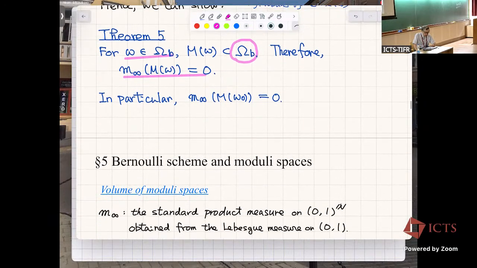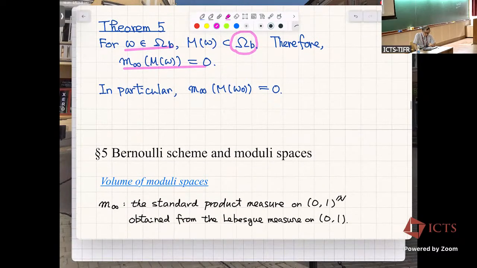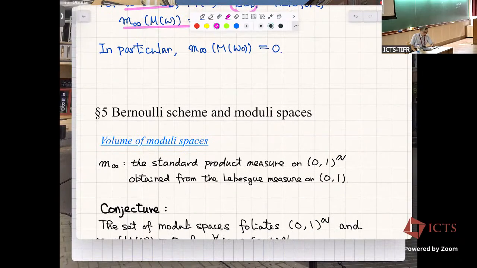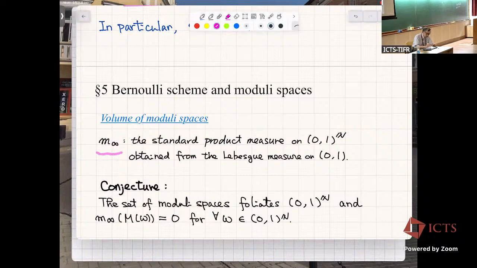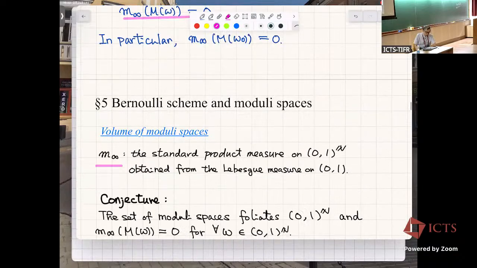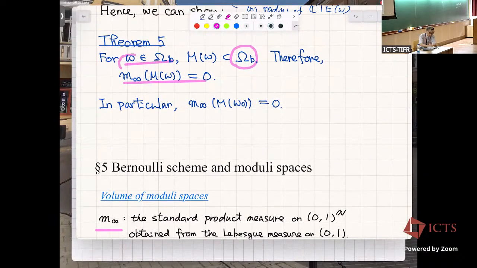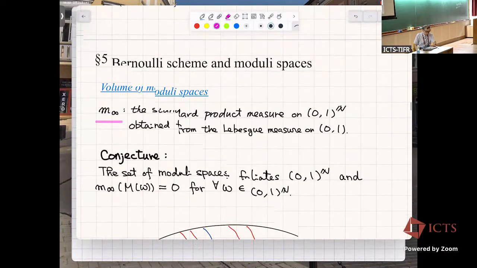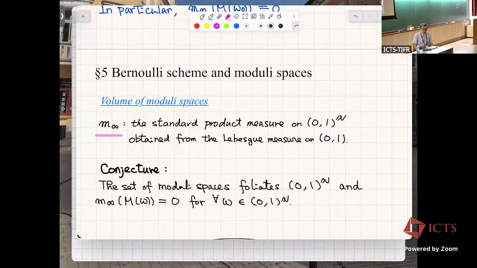Finally, I'll explain some ergodic considerations on this set. As I denoted, M infinity is a standard product measure in the space. And the conjecture is the following. We showed that if omega has an upper bound, then the volume of the moduli space is 0. The conjecture is that this is true for any omega.